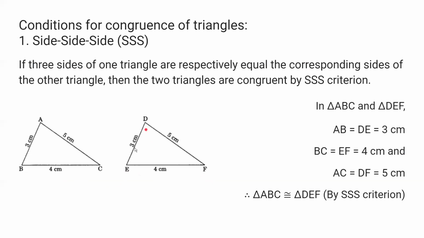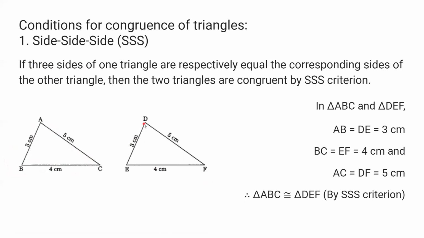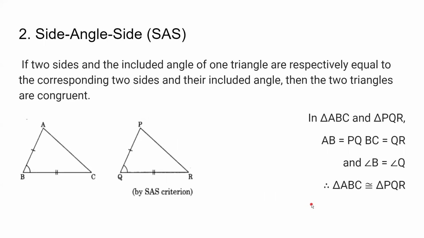Hence, we can understand that these lines are congruent to each other for these two triangles. Last is the hypotenuse, AC and DF, which are 5 centimeters. Hence, we can say that triangle ABC is congruent to triangle DEF by SSS. You need to remember this only by SSS.